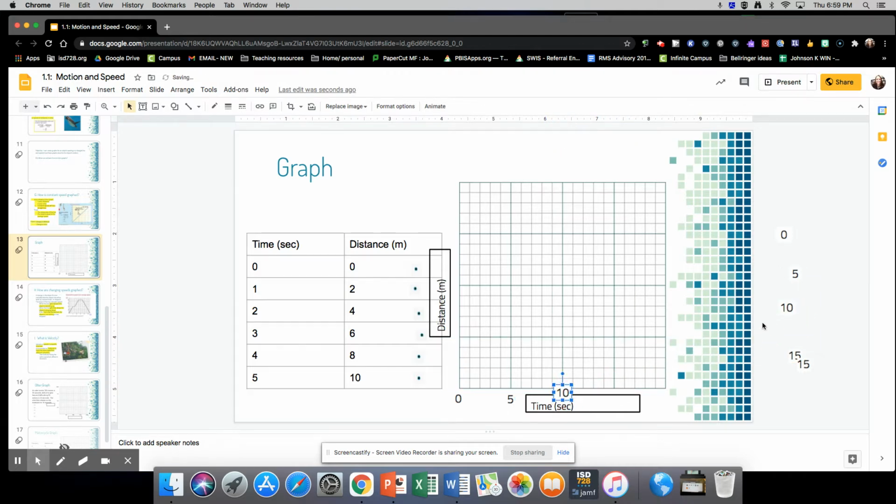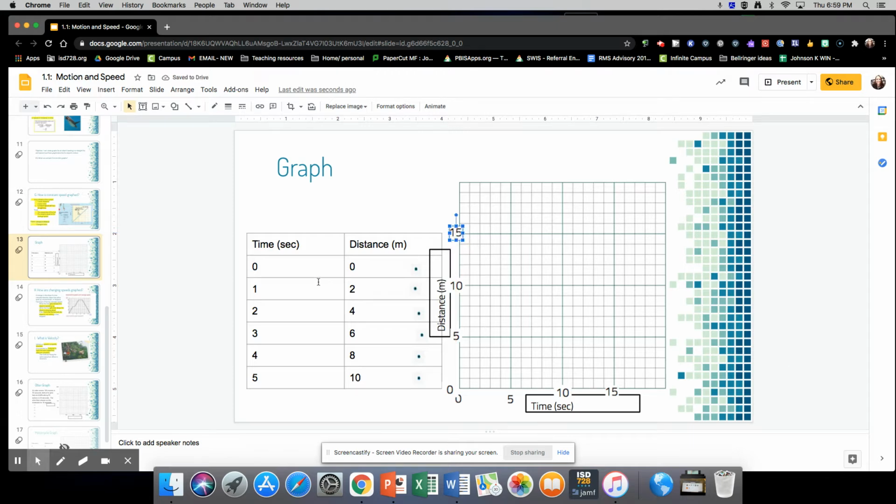For my distance, I only need to go up to 10, so I'm going to use the same spacing there, with 0 down at the bottom, then 5. Remember, they need to be evenly spaced.